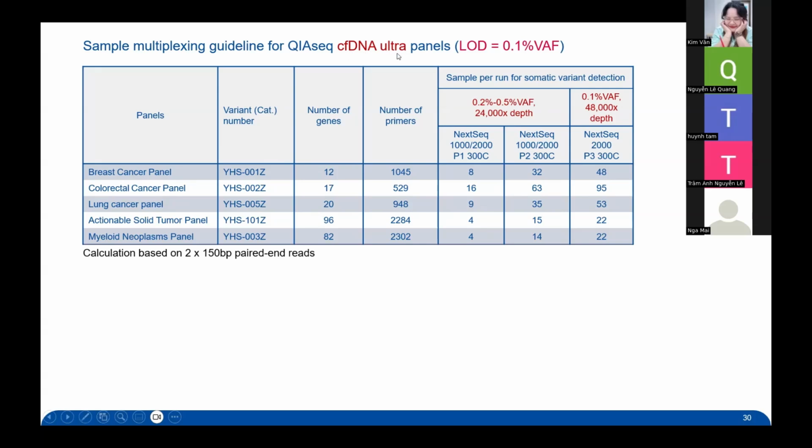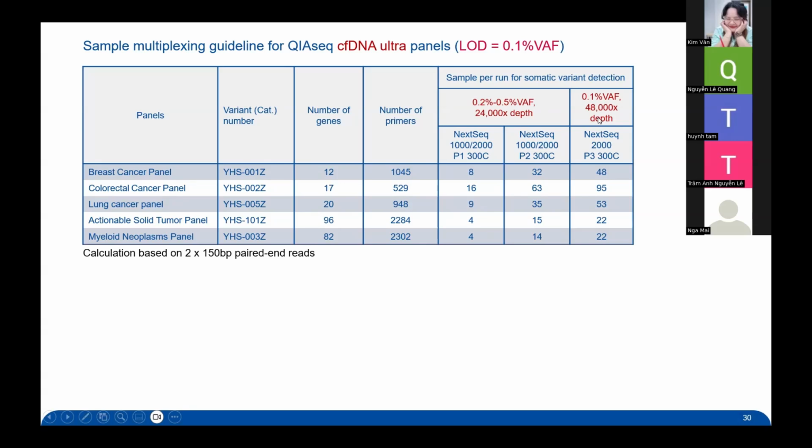Some labs even apply this for MRD, measurable residual disease. For MRD we definitely need a depth of up to 48,000 and can detect variant allele frequency down to 0.1. So we have this kit and it's available for cell-free DNA.